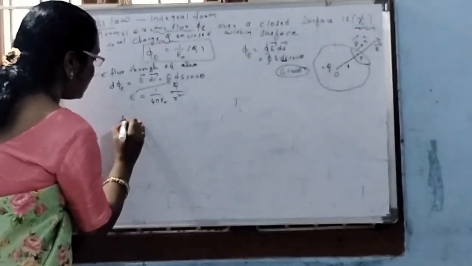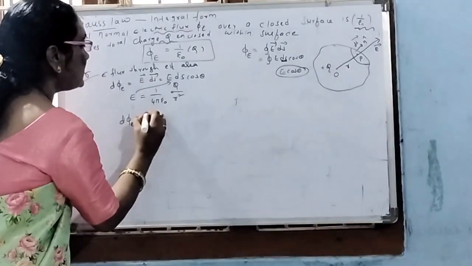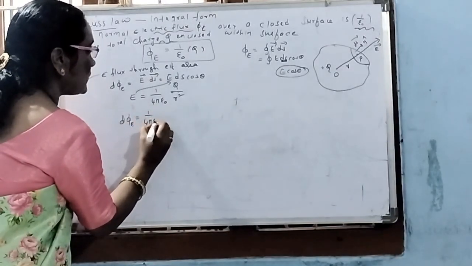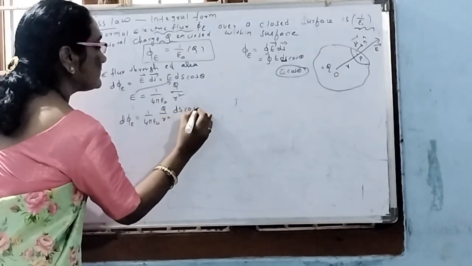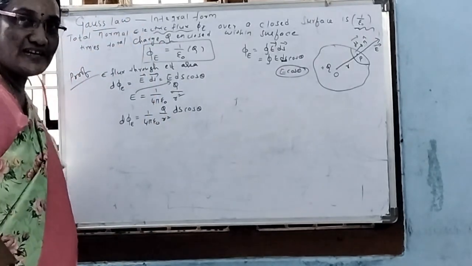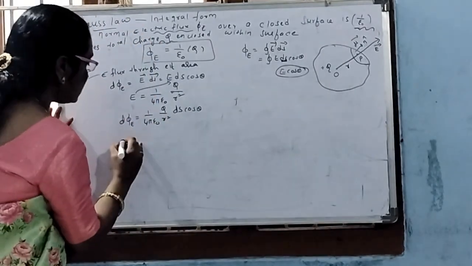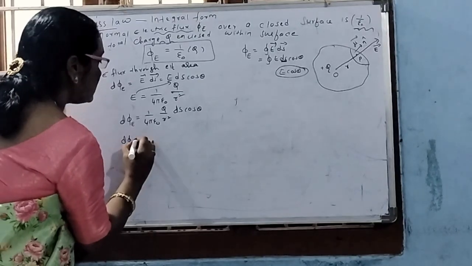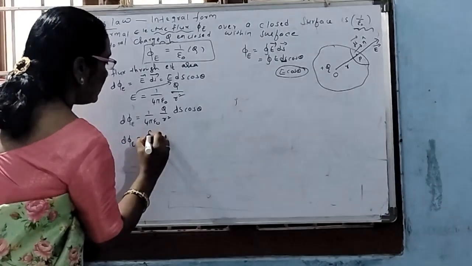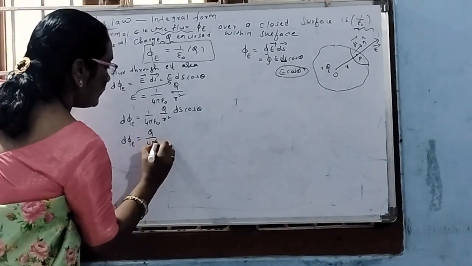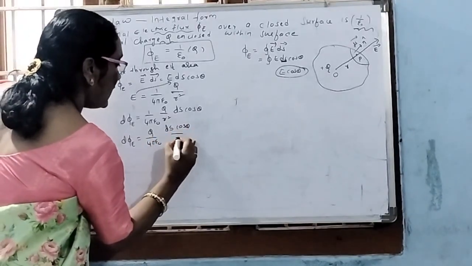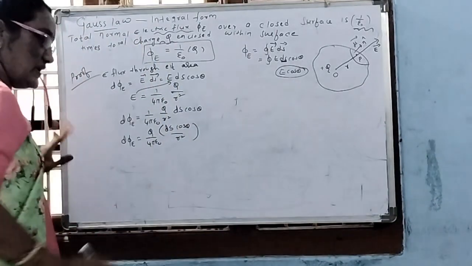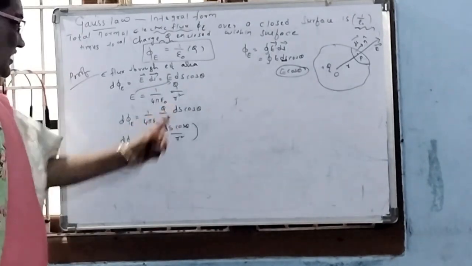What will we get? d phi E is equal to 1 by 4 pi epsilon naught Q by r square ds cos theta. Writing it systematically: Q by 4 pi epsilon naught times ds cos theta by r square.